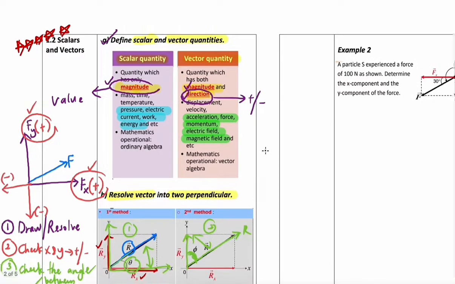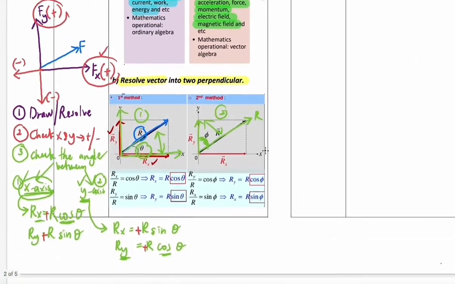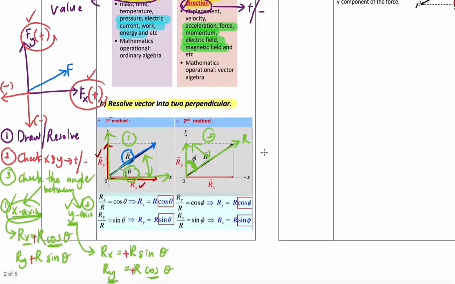Okay, before we go to example 2, I nak ulang balik. The first one is you have to draw. When I say draw, that means you have to draw the x and the y component of it. The next one is you have to check whether if it's to the right then the x will be positive. If it's to the left, then the x would be negative. If it's upwards, the y would be positive, and if it's downwards, the y akan jadi negative.